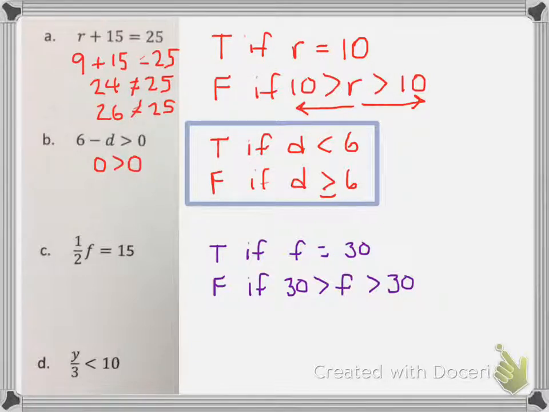So I went the wrong way, didn't I? Anything bigger than 30 is going to be false. So the only way that I make this true is if y is less than 30. So a true answer is if y is less than 30, and it's false if y is greater than or equal to 30.